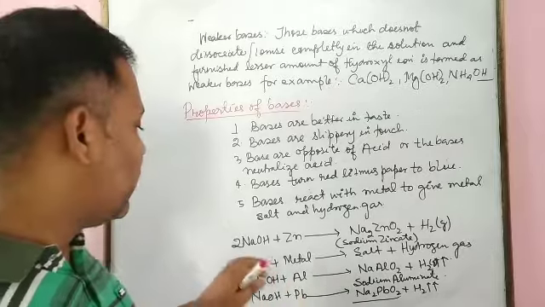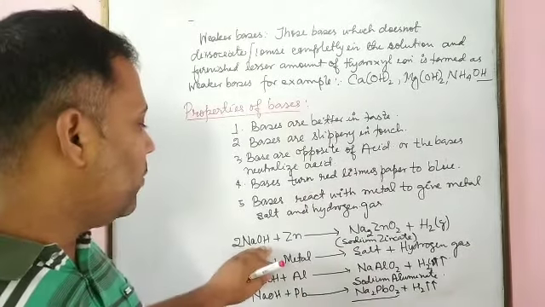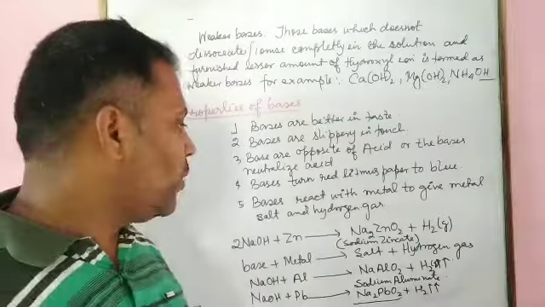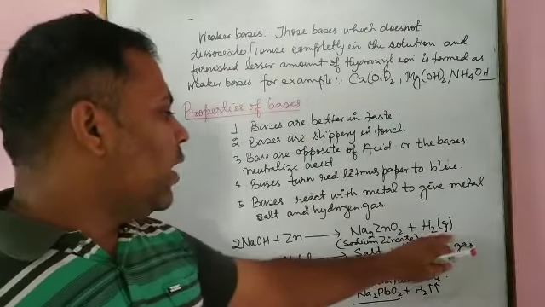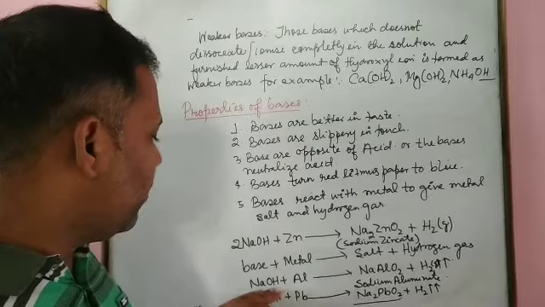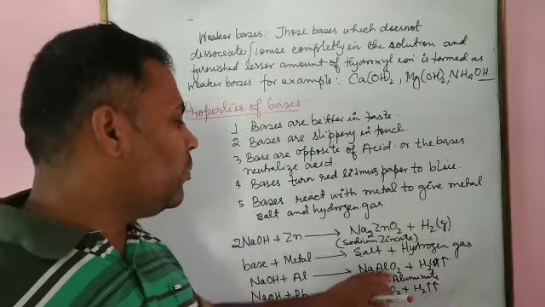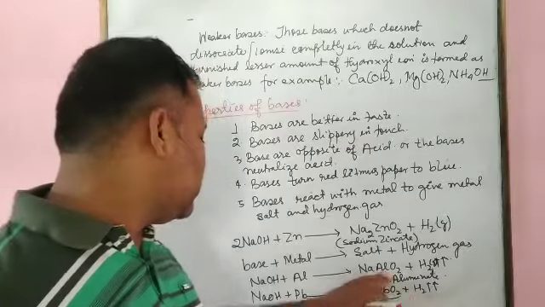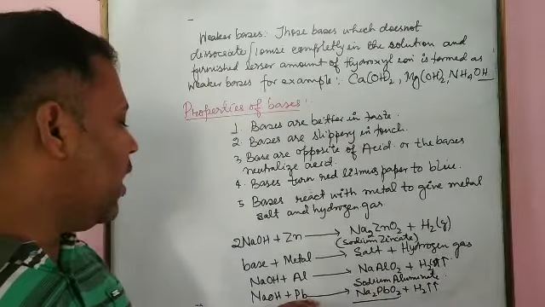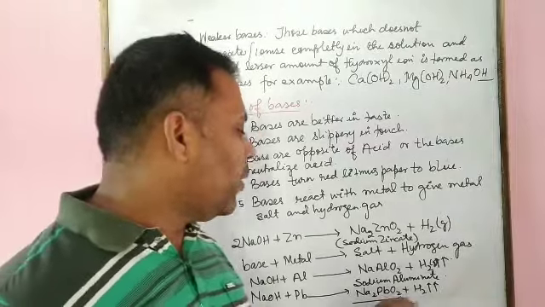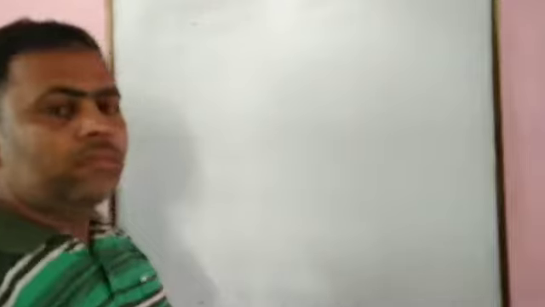So you have 3 examples here. When sodium hydroxide reacts with zinc, it forms sodium zincate plus hydrogen gas. When aluminum reacts with sodium hydroxide, it forms sodium aluminate plus hydrogen gas. Here, when lead reacts with sodium hydroxide, it forms sodium plumbite and hydrogen gas.